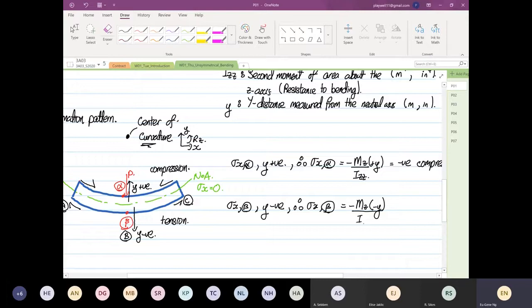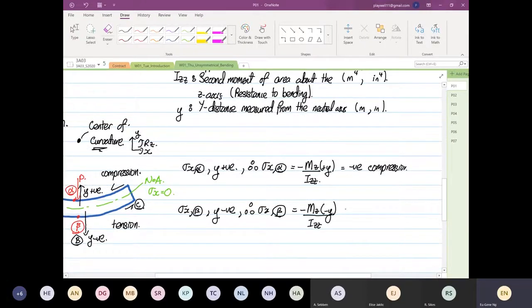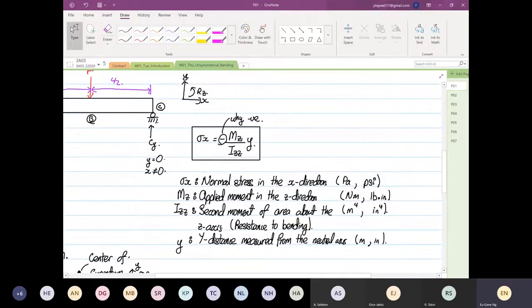So when that is the case, this whole equation, minus times minus will be positive. So that is why we have tensile. Okay, so that is why any textbooks that you see will highly enforce on this negative side. But there's another way that we can view this.